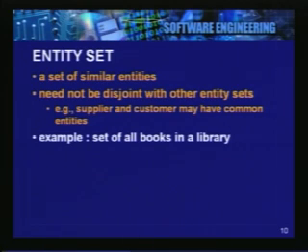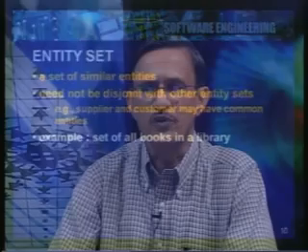Another example, the set of books in a library. So there may be thousands of books, but we treat book as a set, and each book in the library is an entity. Okay, so we know now the difference. The book as an entity set is a collection of all books, and these are available for students to read and borrow. But when a student goes to the library, he issues a particular book.